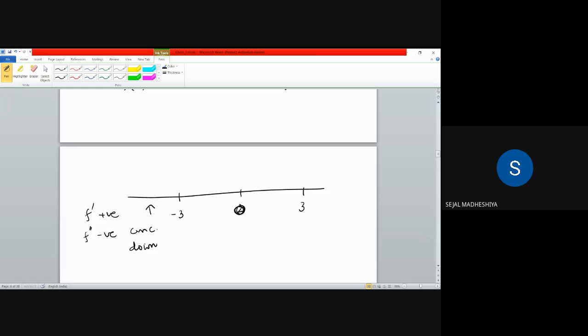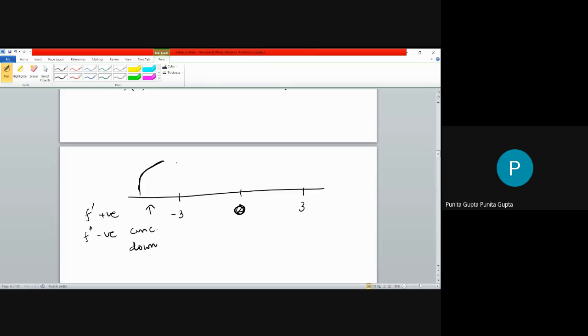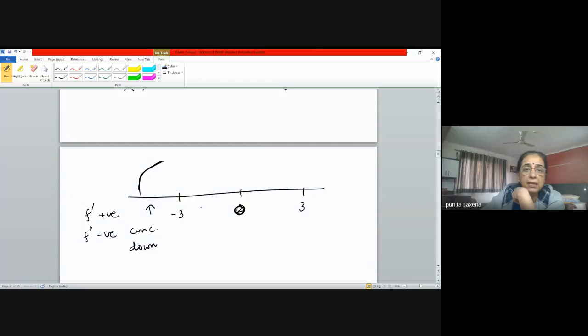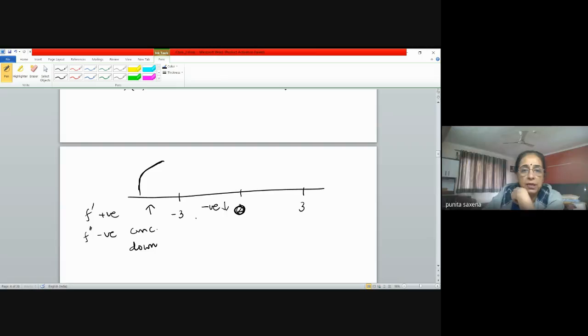अब देखो, increasing and down, मतलब नीचे से ऊपर जाना है, but concave has to open down, so it has to be something like this. Then when you cross -3, your f dash is negative, so the function is decreasing. But what about f double dash?